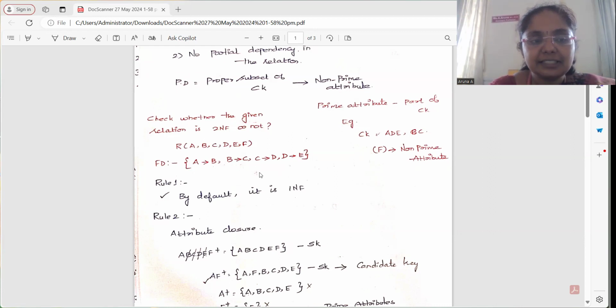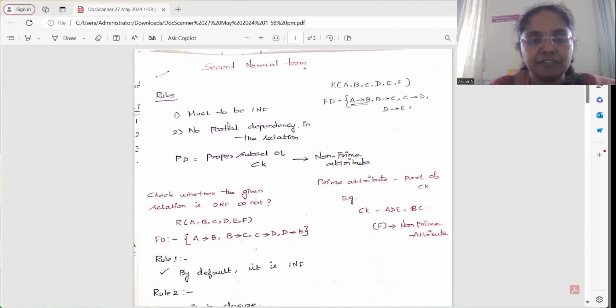If it is lossy, my data is lost. So my data should not be lost, and it must be decomposed into subtables for eliminating these types of dependencies.